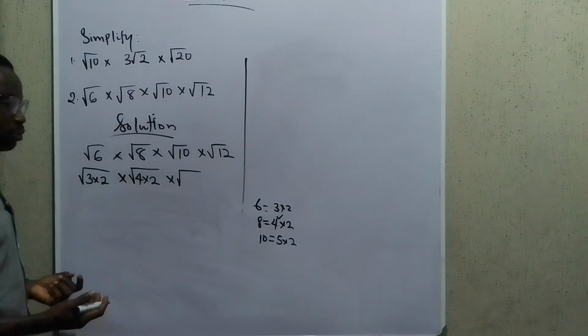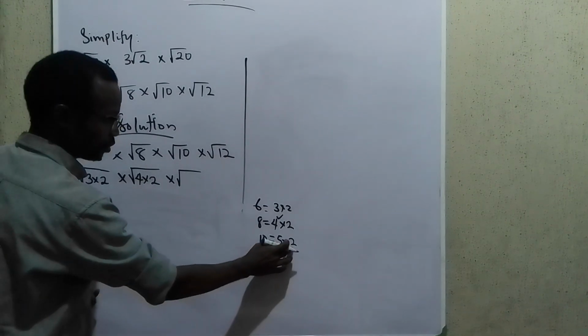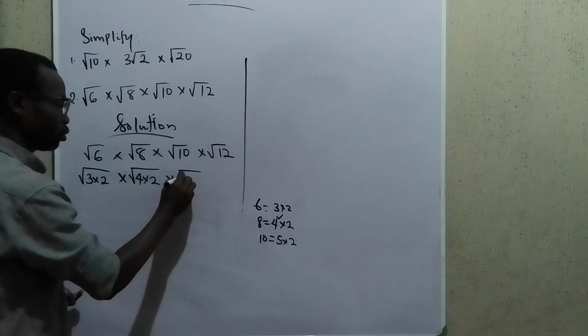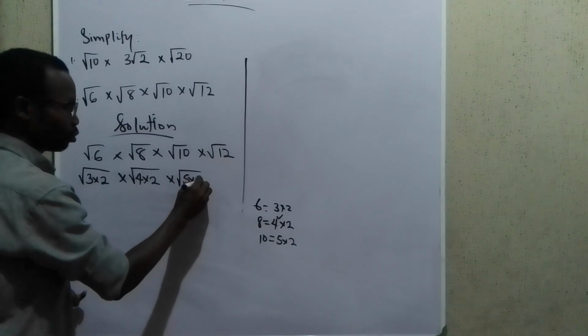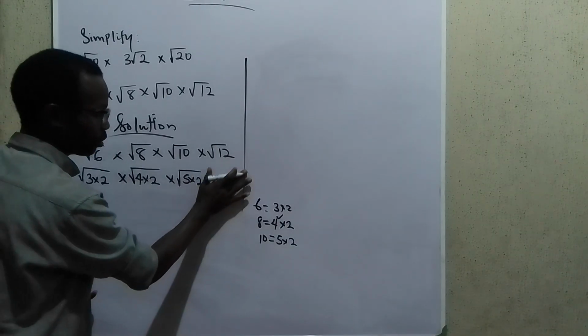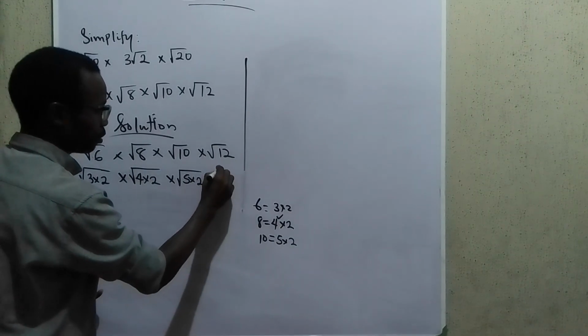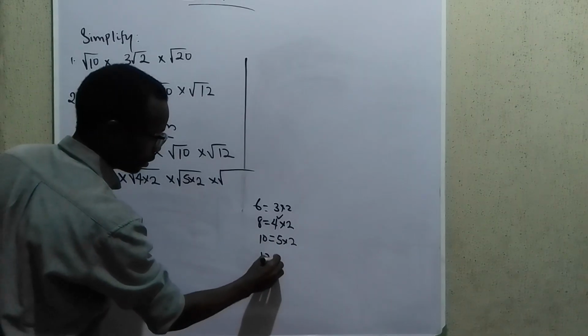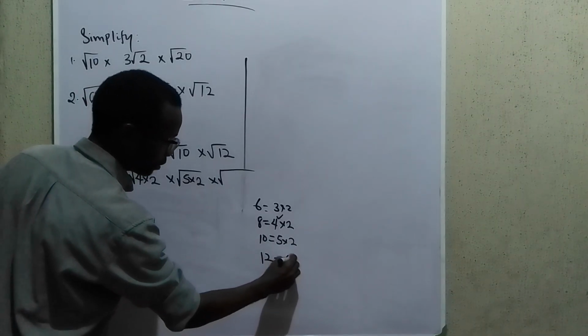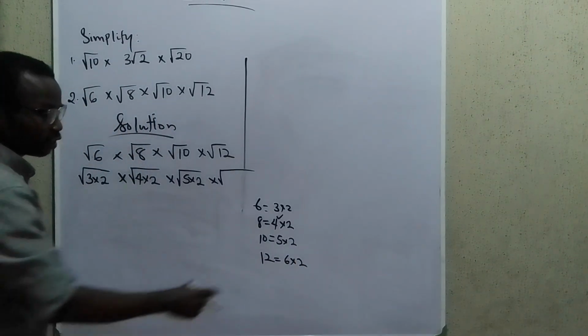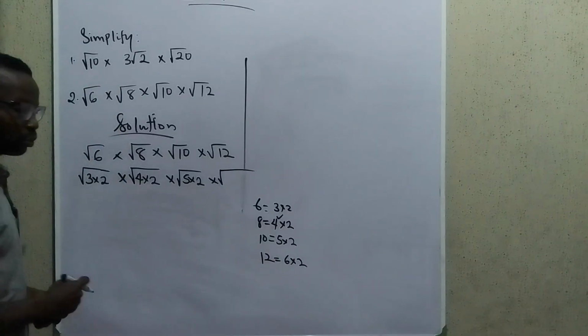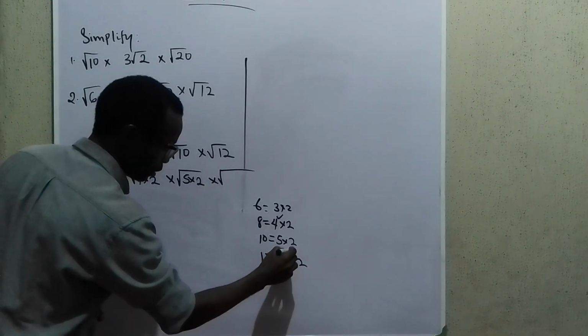Does it have a perfect square root? None. Not this, not this. So the both of them just leave as 5 times 2. Then the next is 12. 12 is the same thing as 6 times 2. Does any one of them have a perfect square root? No. Not this, not this.